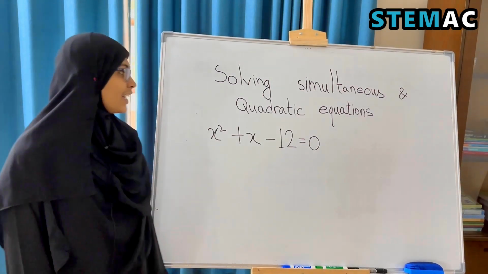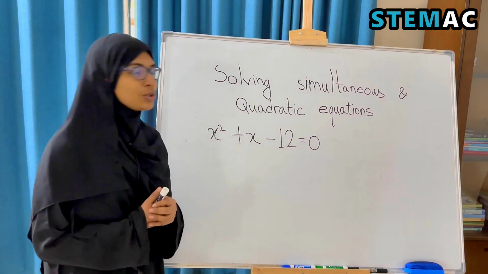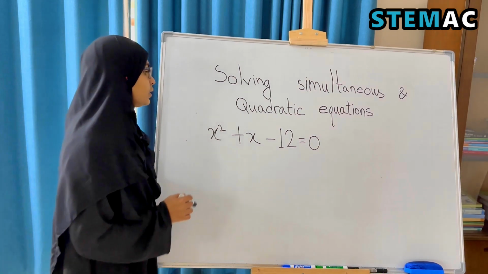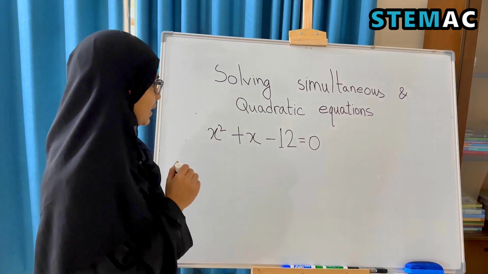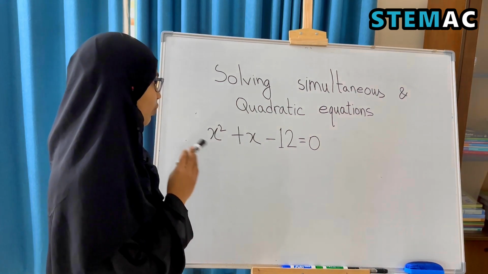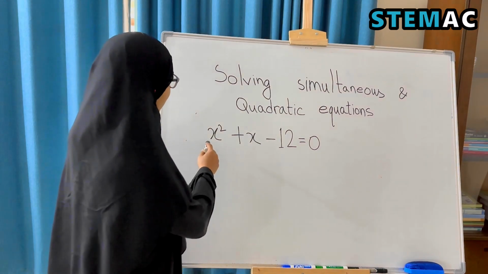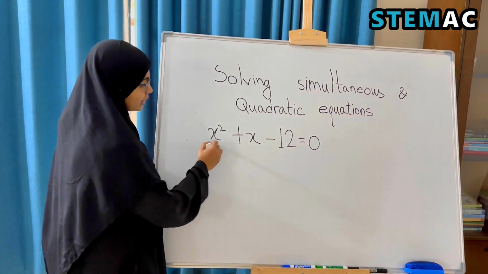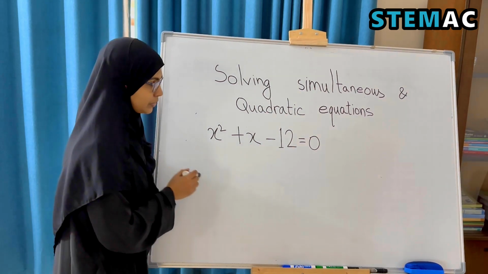So now let's learn how to solve quadratic equations. Before that, we should know what a quadratic equation is. So here, x square plus x minus 12. We can also call this a polynomial expression because there are more than 2 terms: x square, x and 12. These are the terms.